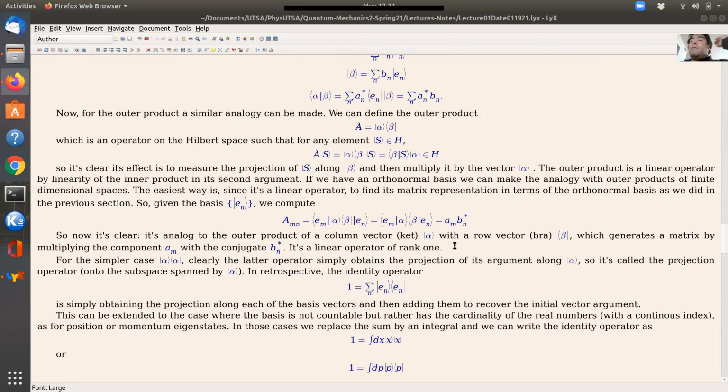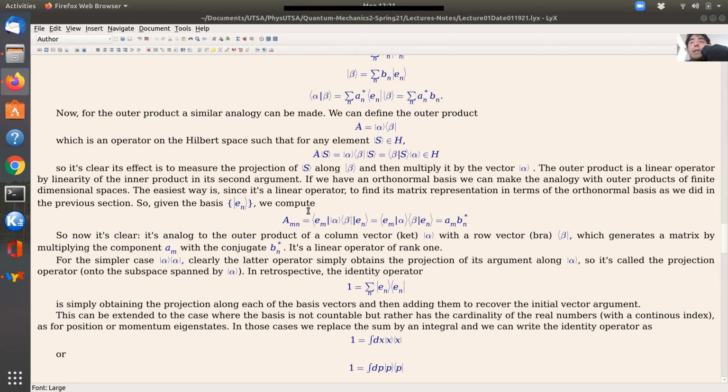So it's a linear operator of rank 1. So that's clear. It's the same way you have the outer product for finite dimensional matrices, but in this case it's for infinite dimensional. You can picture yourself basically taking infinite dimensional matrices and having the same thing. However, with the important point that Bn is being taken as complex conjugate.